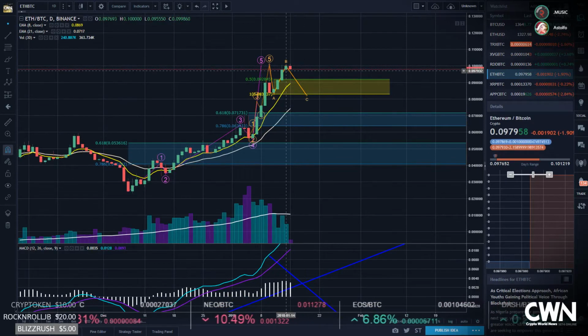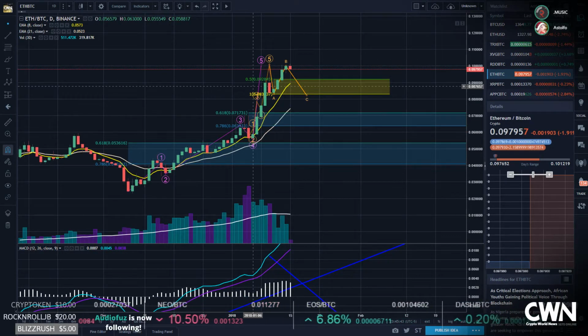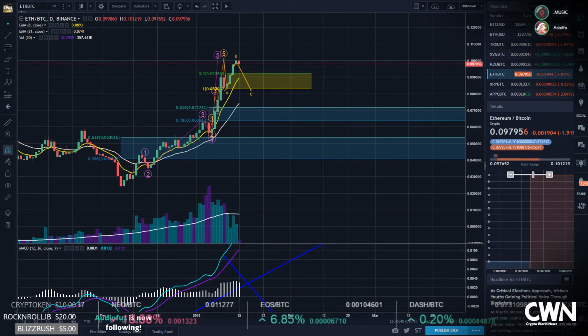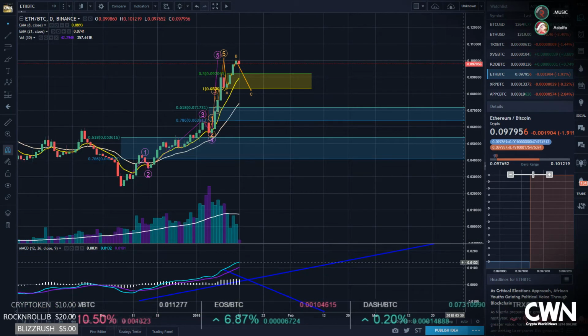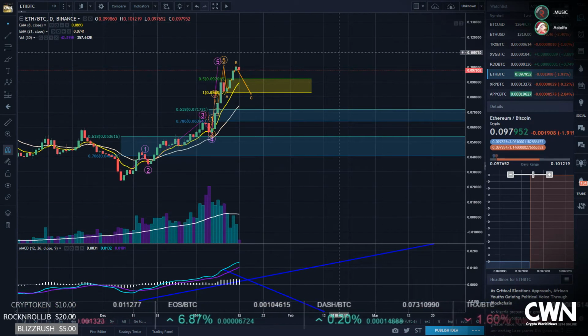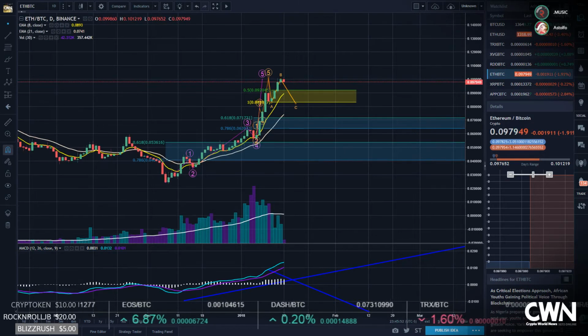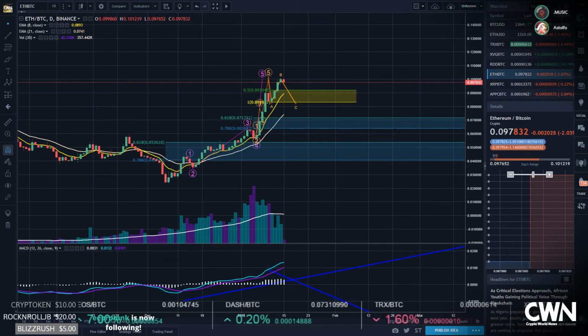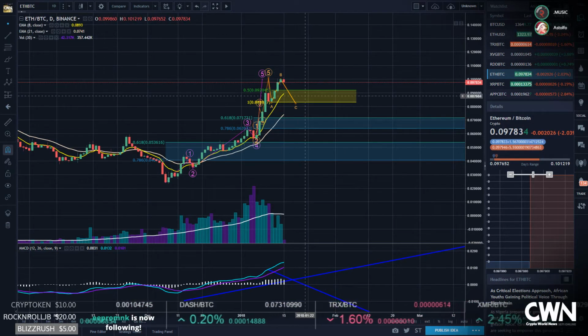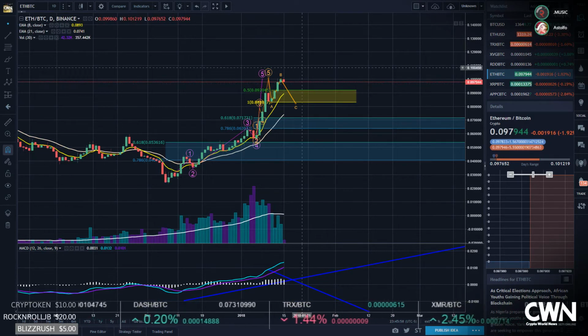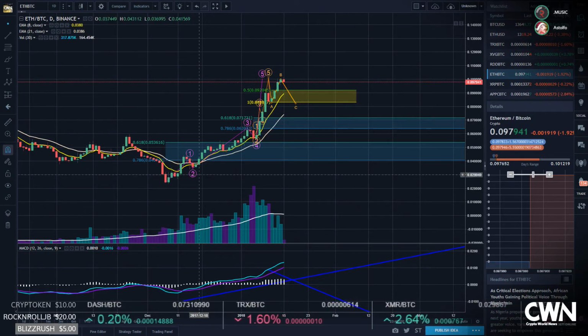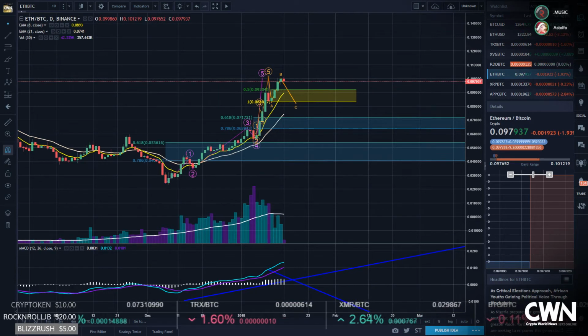Ethereum kind of looks like a B-wave high to me. That does look like a completed 5 right now. Either way, I can't buy it here. It could go higher, but to me, this does look like at least the nice 5 up. We need to see the 3 down.